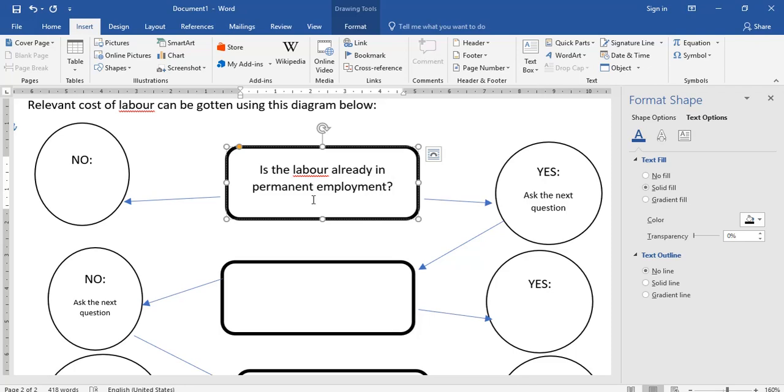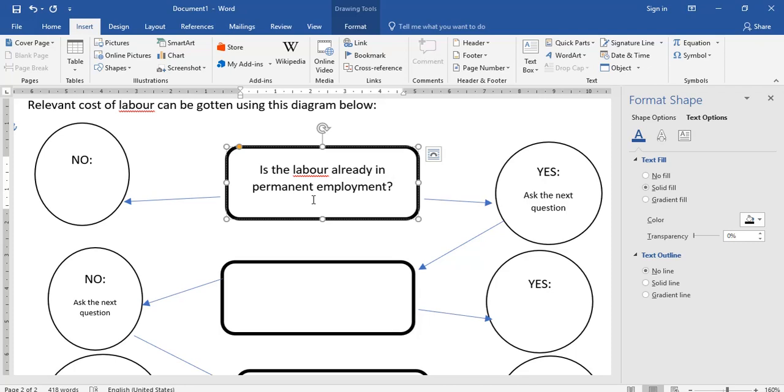So when we say labor is in permanent employment, it means, is it existing in the workforce? Are they paying the laborers for the job a fixed salary? If they are in permanent employment, they are not like contract staff that can be sacked anytime. They are permanent employees.